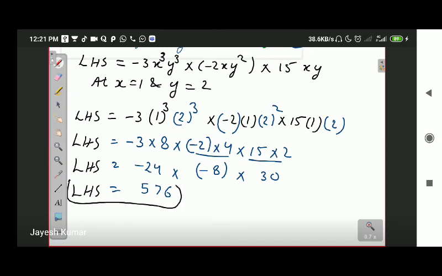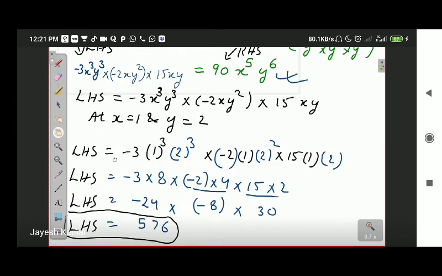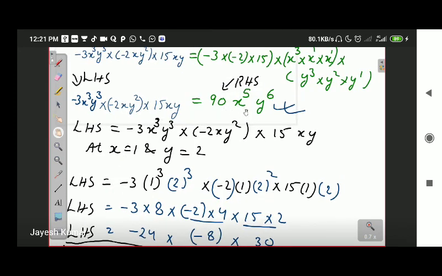Now we have to apply the same procedure to RHS. So let me bring down RHS. RHS is 90 x to the power 5 y to the power 6. Okay.